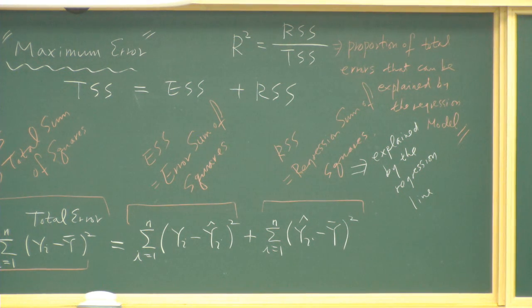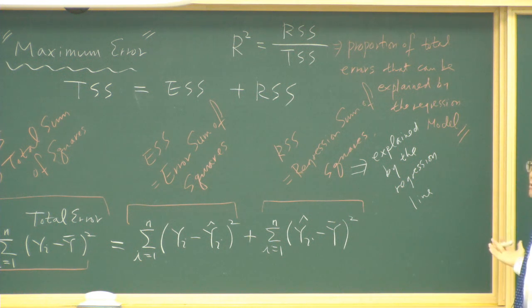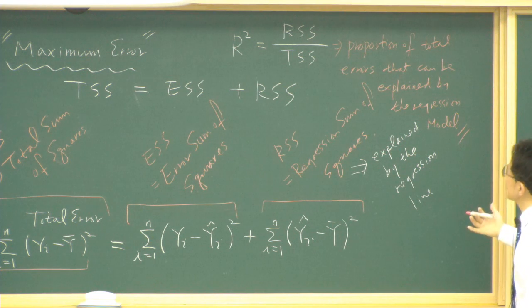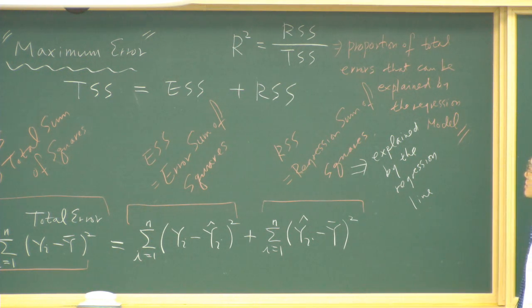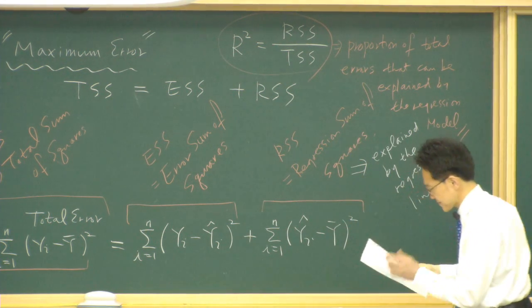R square is how much of total errors I can explain with the regression model, and therefore the larger the R square, the better. In other words, the larger the R square, the larger proportion I can explain. The larger proportion of the total errors I can explain using the regression model. So that's the R square.